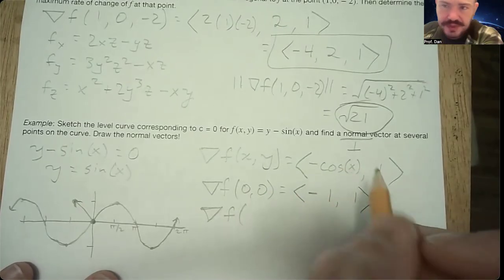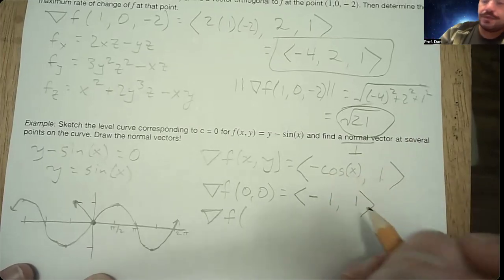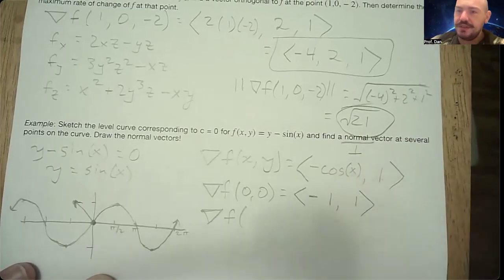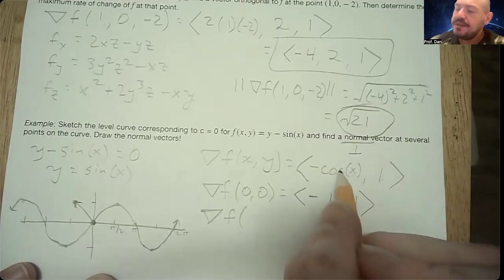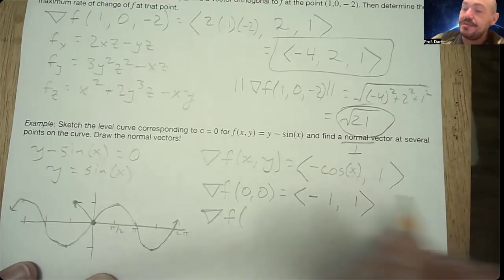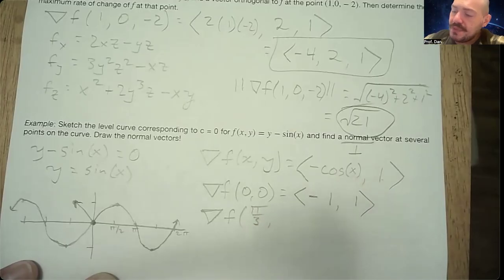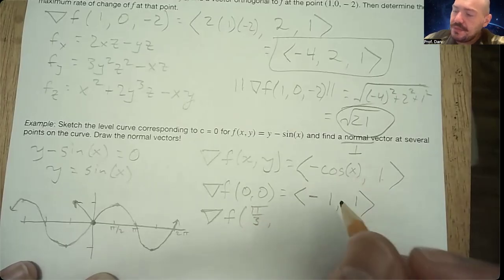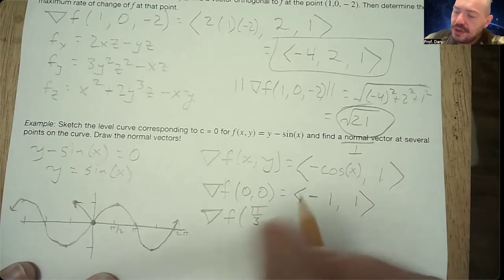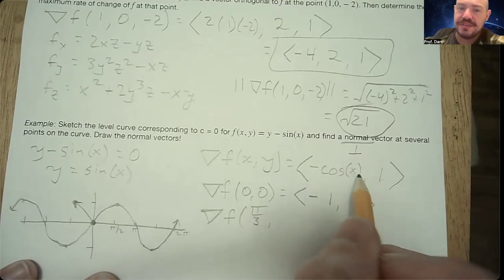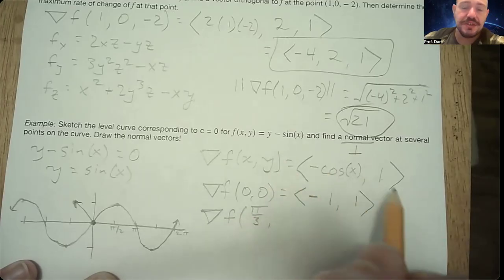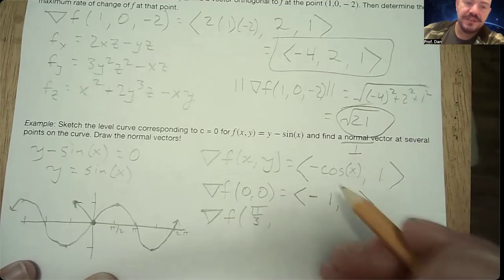So if I let x be something with an easy-ish value for cosine, I should use that. So I'm going to go with pi over 3. And y doesn't actually matter because this vector doesn't depend on y at all. There are no y's in here, right?